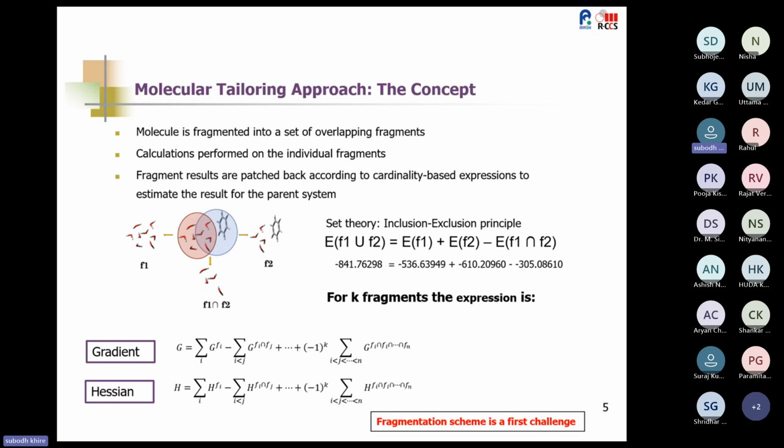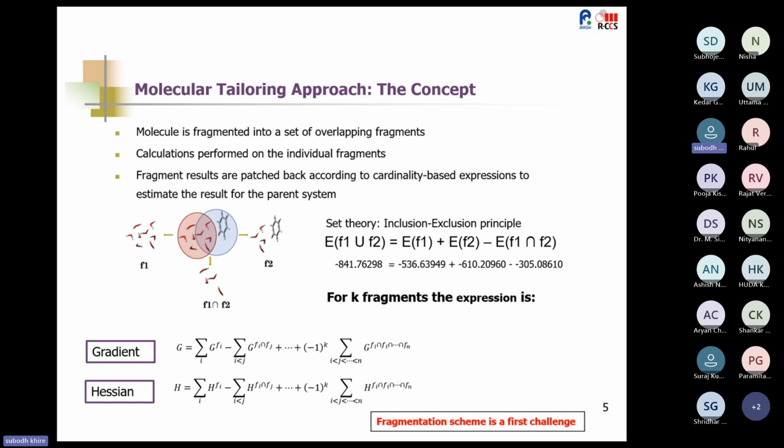So for a large molecular cluster, it contains water molecules, a benzene cluster and a single benzene molecule. So I cut it into three fragments. One contains the water, another contains one benzene and a few water, and there is an overlap of a few water.